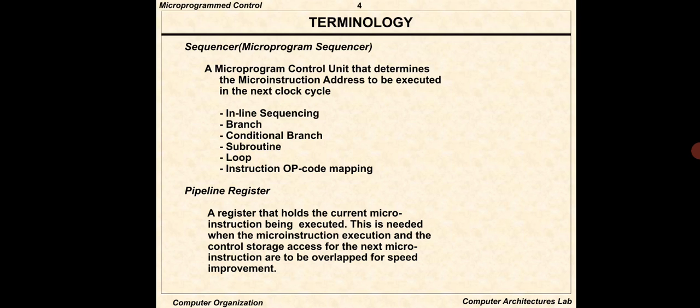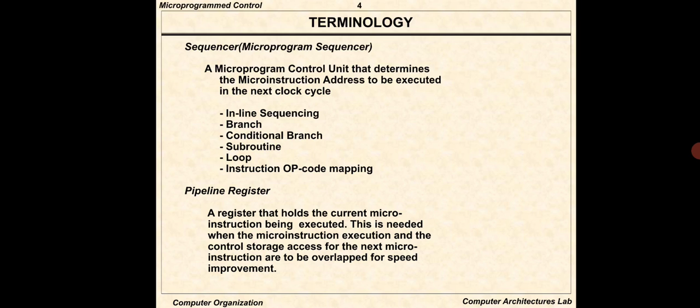The fourth one is subroutine sequencing. Subroutine sequencing is like the functions in your C language, where you call a function to execute a certain program. In the same way, in computer language, that function is called a subroutine program. We go to the subroutine program, execute that particular subroutine, then return back to our main program.